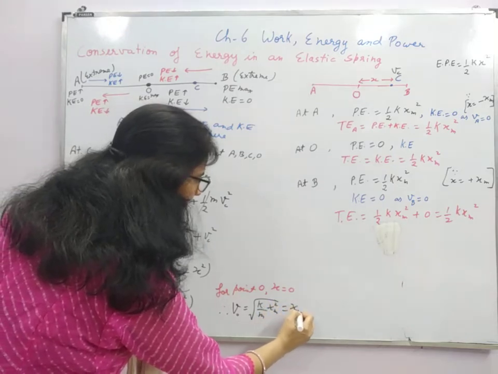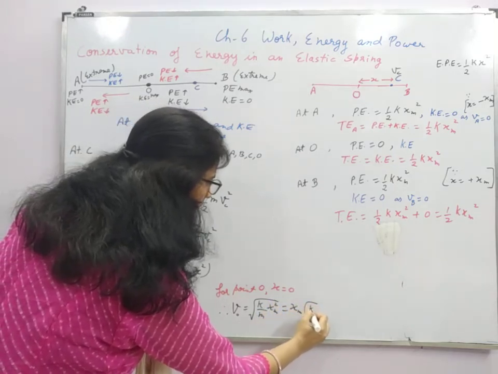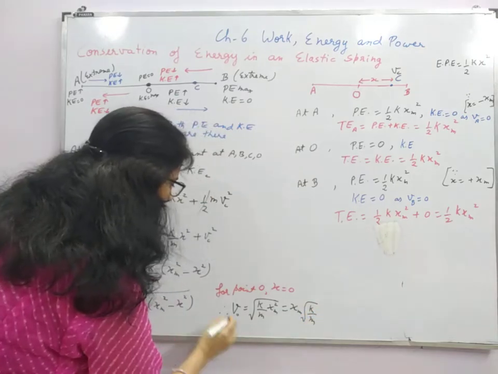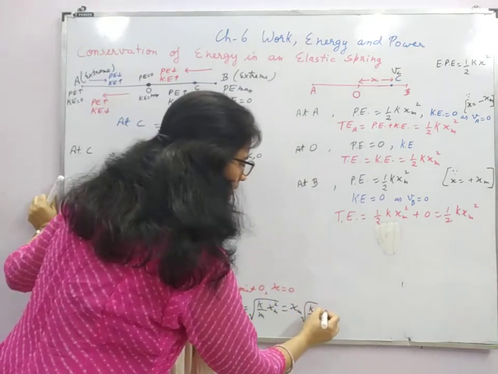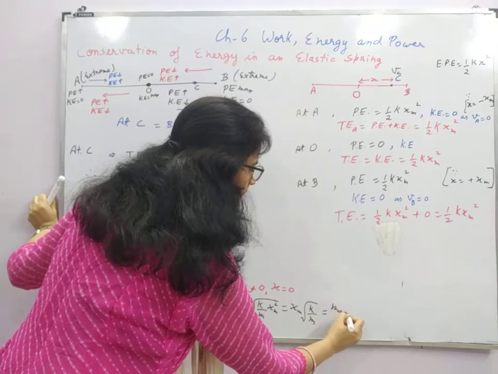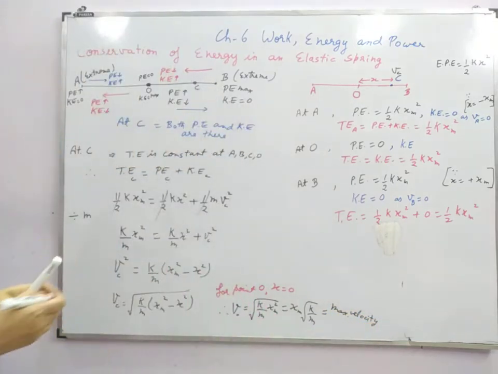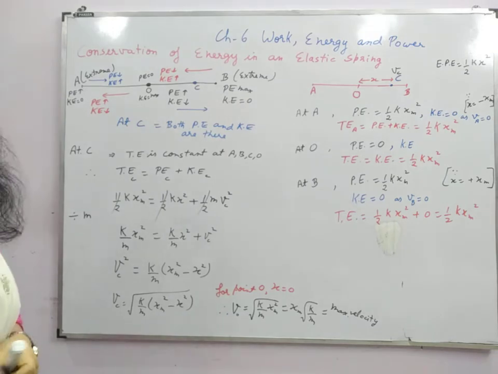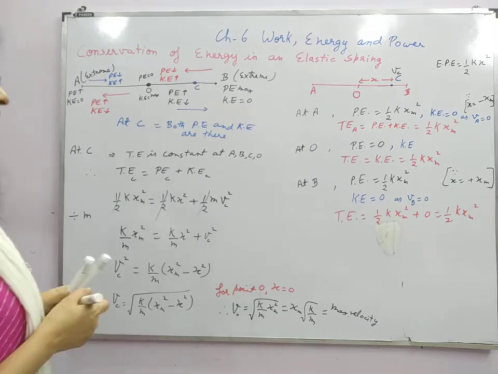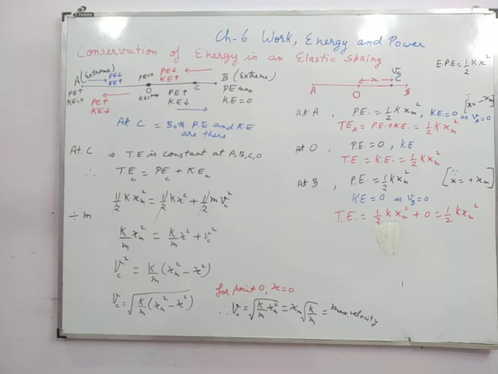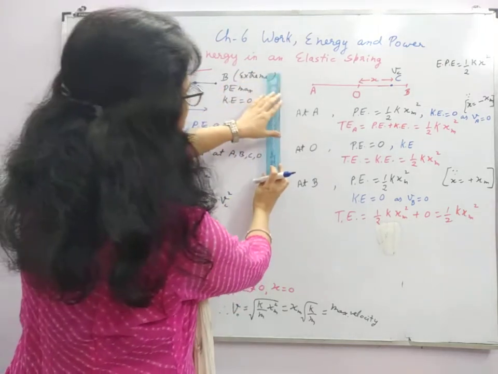This can be written as xm under root of k upon m. This is also called the maximum velocity. So where is the maximum velocity? The maximum velocity is when the spring is passing over its mean position. I hope you understood this.